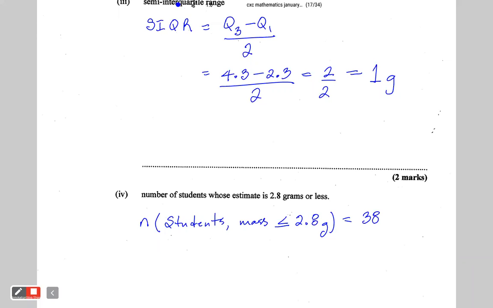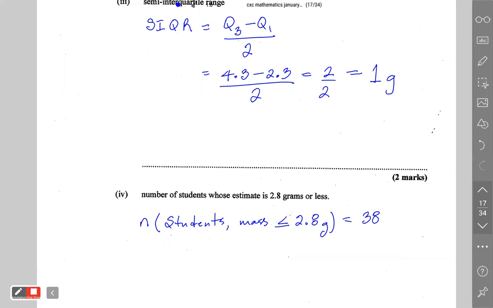So the 38th student says the mass of the seed is 2.8 grams, and everybody below him says it is less than 2.8 grams. So the number of students that says the mass is 2.8 grams or less is 38.